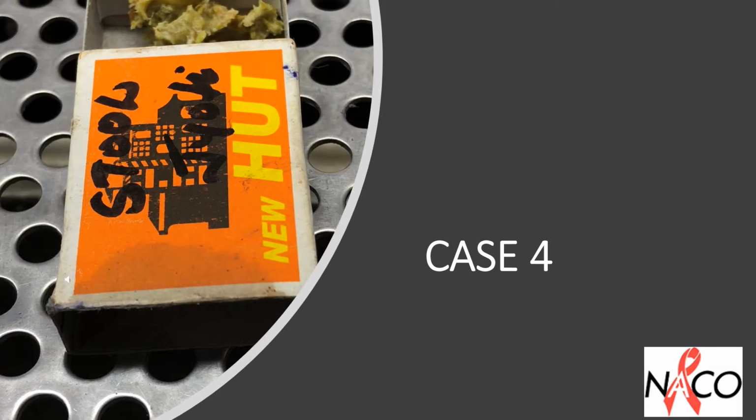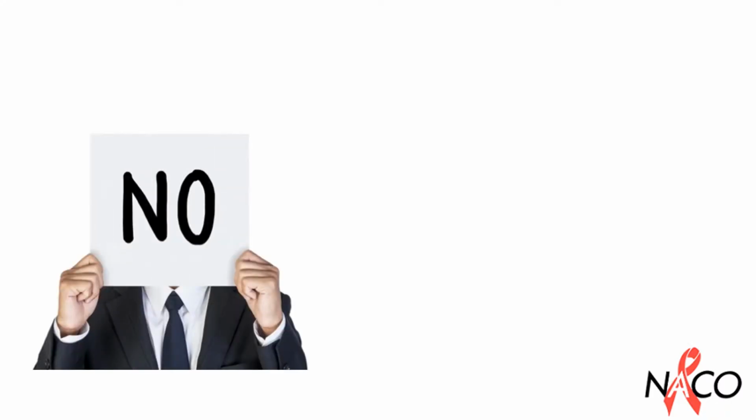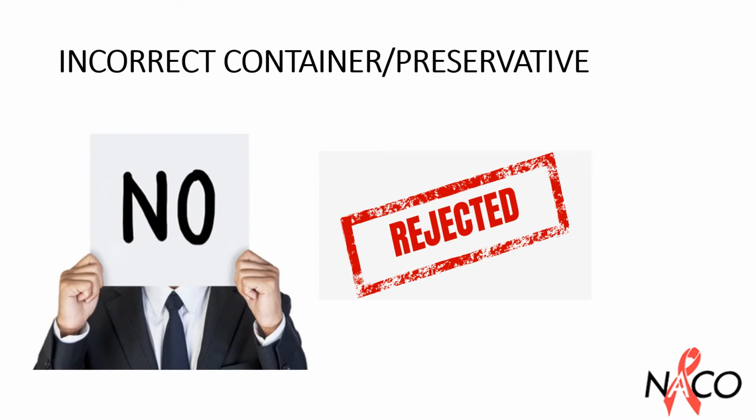Consider a case where the laboratory has received a stool specimen in a matchbox for stool culture. Should the laboratory run the test or not? The answer is no. The specimen of stool received in an unsterile container for culture purpose should always be rejected.